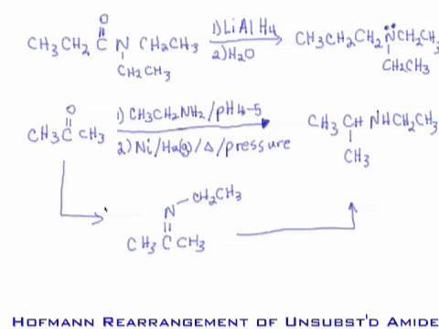We do have a new reaction to look at, which is a preparation of an amine. It's a very interesting reaction, and it is the synthesis by rearrangement of an unsubstituted amide.